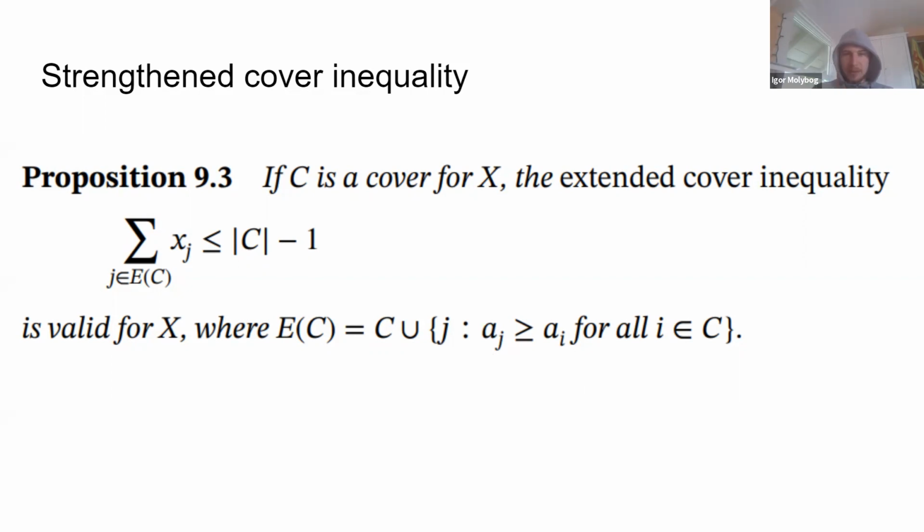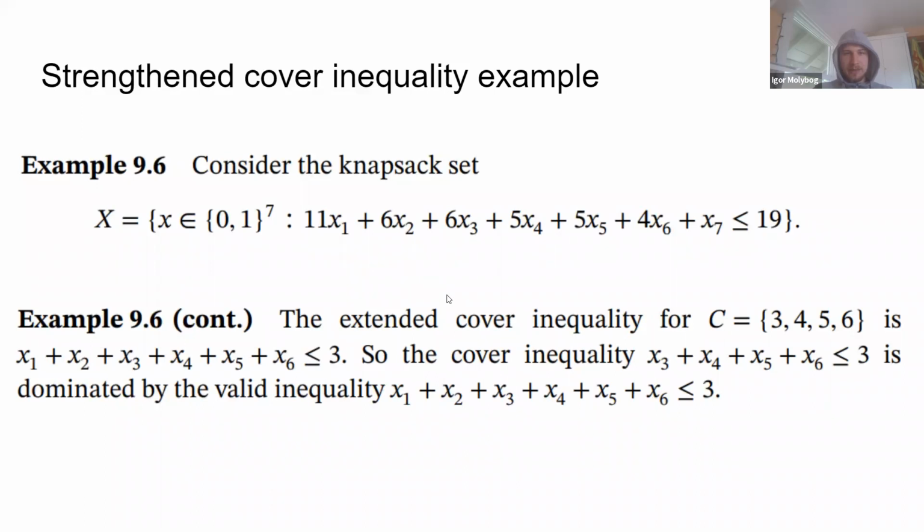So, for example, if we are looking at this example, we can take a cover 3, 4, 5, and 6, and then the extended cover is going to include, for example, the coefficient of 1, just because 11 is greater than all of the coefficients in front of the variables that are already in the cover.